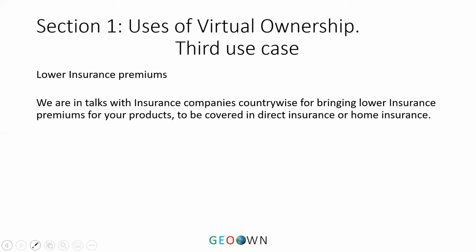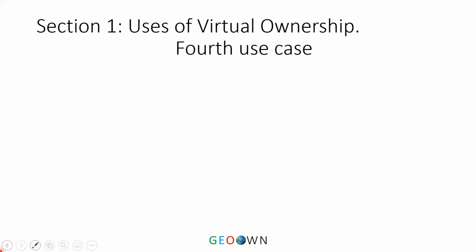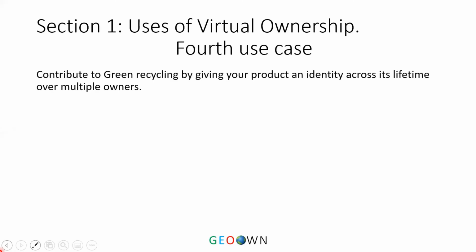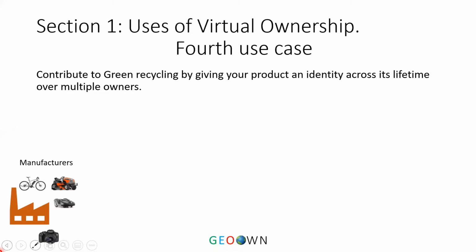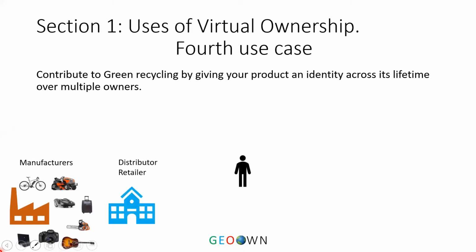Now let's look at the fourth use case, where you contribute to green recycling by giving your products an identity across its lifetime over multiple owners. The situation as it exists today: the manufacturer manufactures the goods and sells them through the distribution channel to the end consumer.